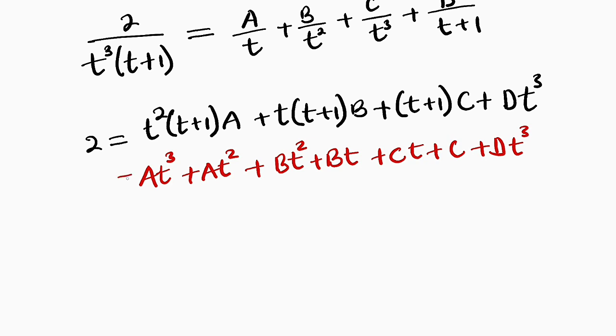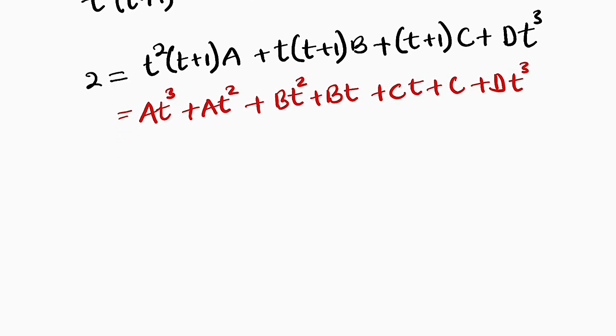Let us collect the like terms, those with t to the power of 3 together. We have this and that, but we can factor out t to the power of 3. So we have a plus d multiplied by t to the power of 3. Then those with power of 2, we have one here, we have the other one here. We equally factor out t squared.